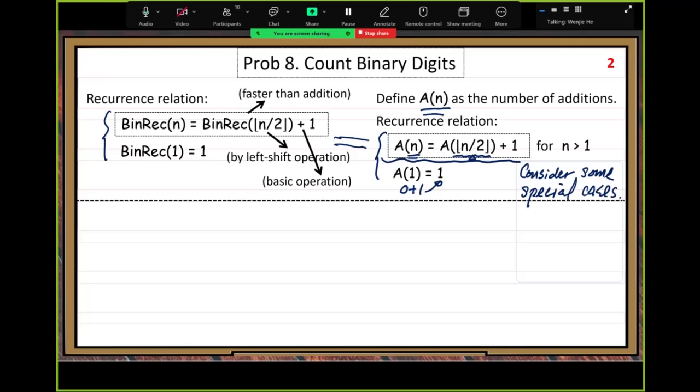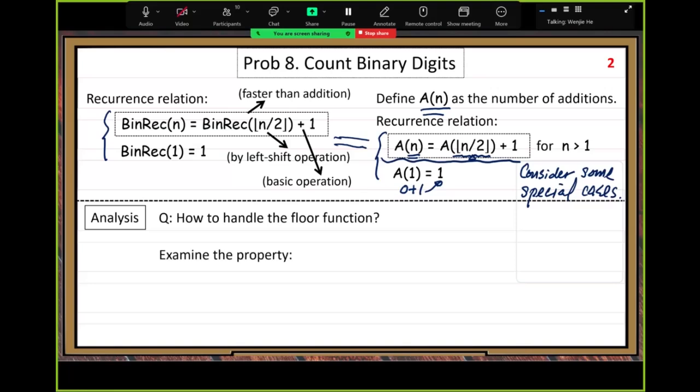Can you see a special case in which we can make the original equation simpler? Now we are looking at the floor function part.